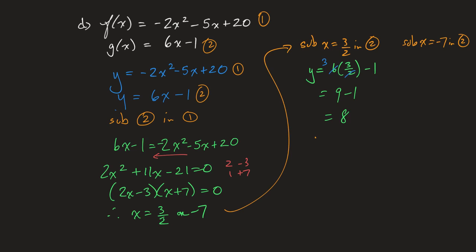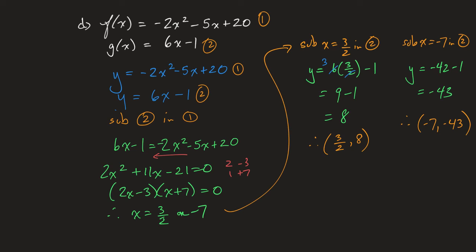And so one of my points of intersection is going to be at 3/2, 8. And my other is going to be my y equals 6 times negative 7, which is negative 42, minus 1 more, negative 43. So negative 7, negative 43. Nice, we like that.